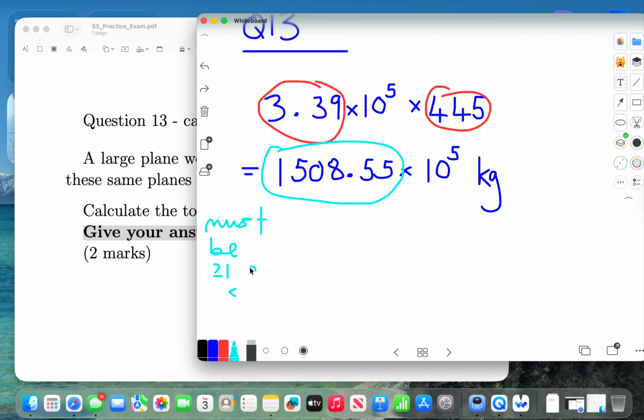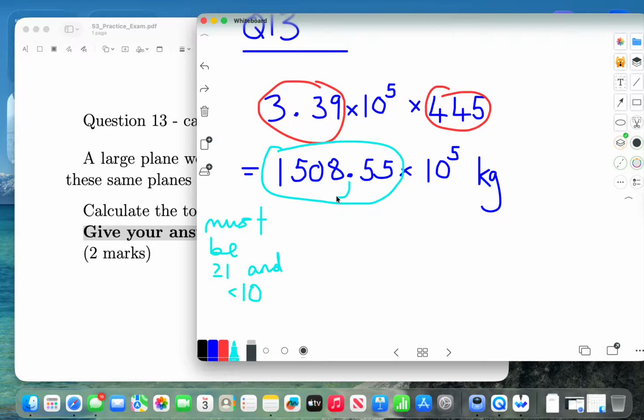So that number must be greater than or equal to 1 and it has to be less than 10. You want to divide that number by 10 and keep dividing by 10 until you get it within the range. So let's move the decimal point back until we get it between 1 and 10.